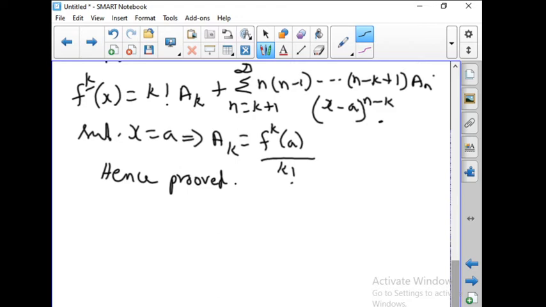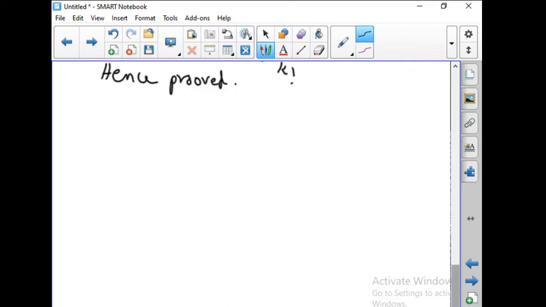So now we are going to do problems based on this. So first we will do example 7.31. Expand tan x in ascending powers of x up to 5th power, minus pi by 2 less than x less than pi by 2.